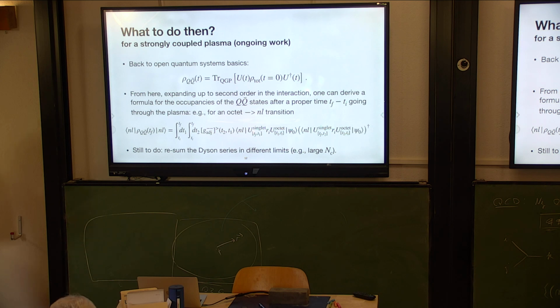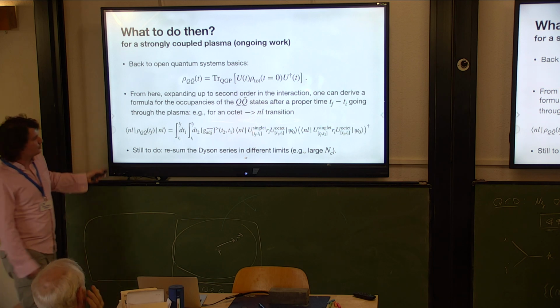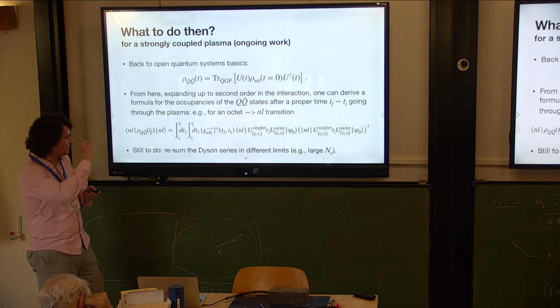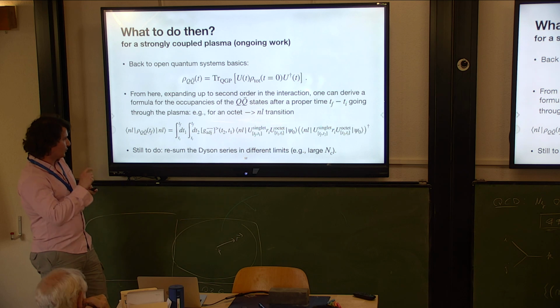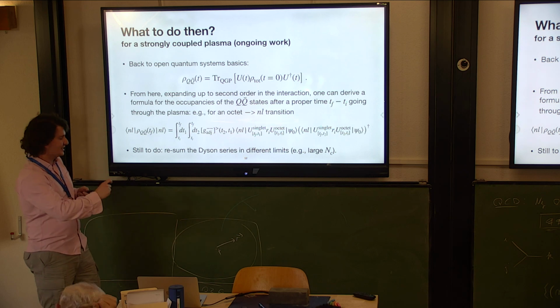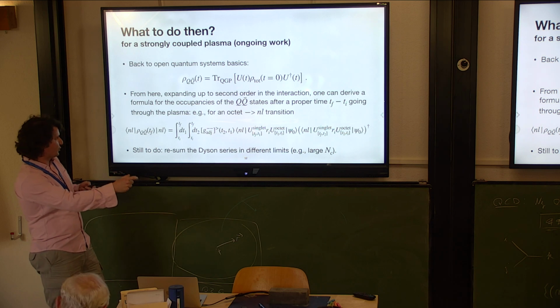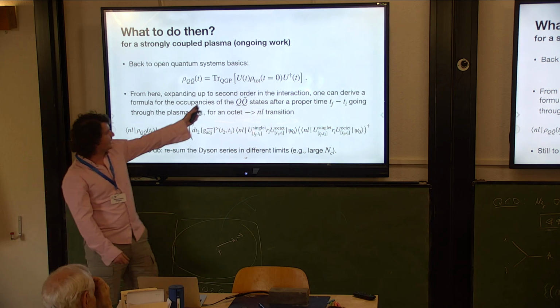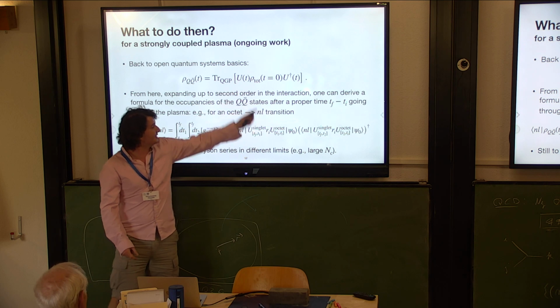So what we did to begin with, just to show that even if you don't make all the assumptions that other people do, if you just start from open quantum systems and do an expansion in the power counting parameter of the effective theory, so temperature over the inverse size of the Quarkonium bound states, you can get an expression by just expanding the time evolution operators here.